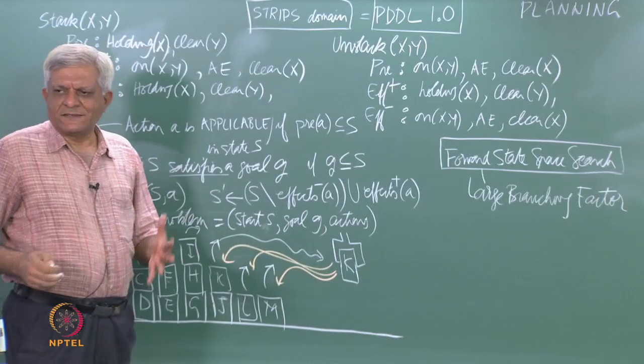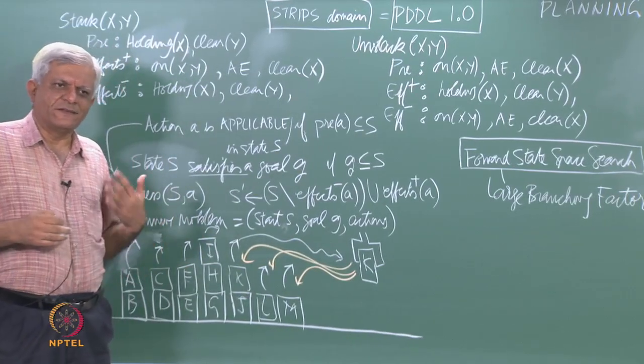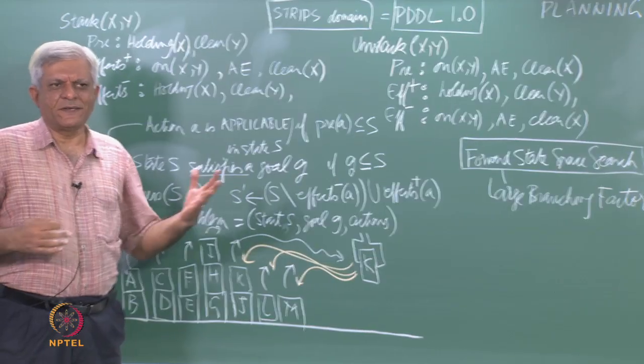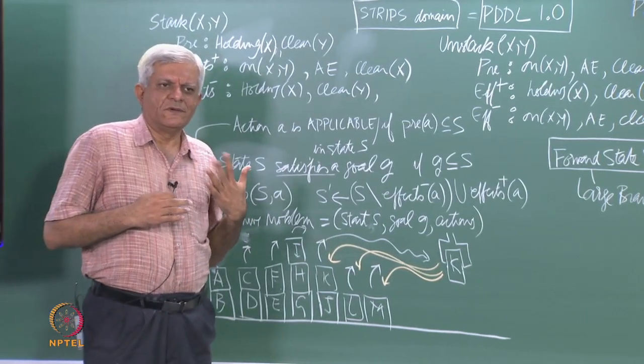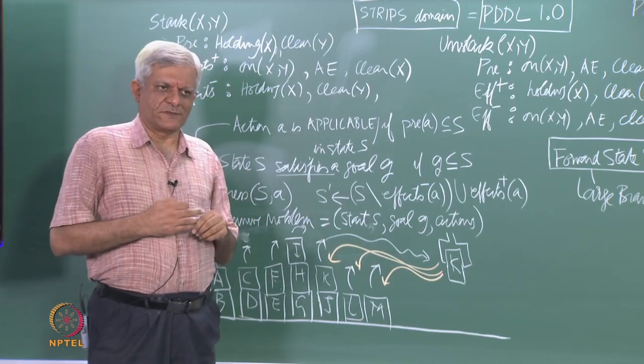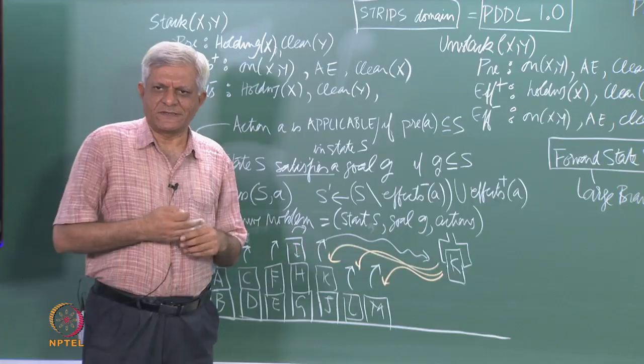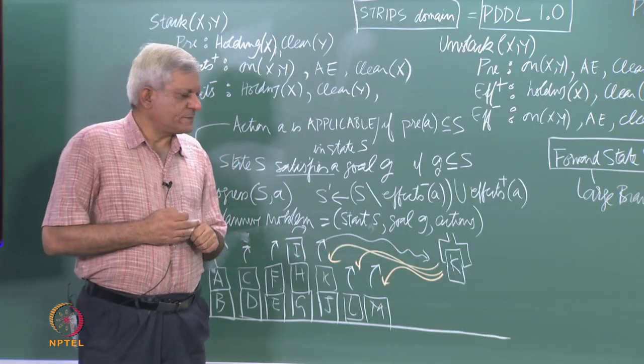The number of actions which are applicable in any given state is just too many to be considered by a brute force approach, and that is true in any real world situation as well essentially.